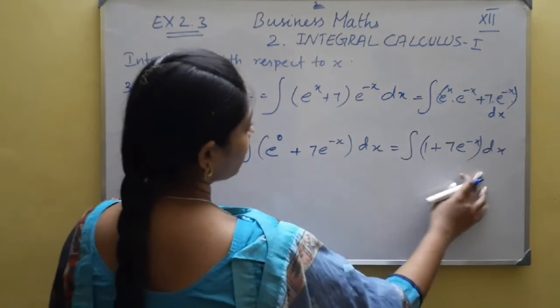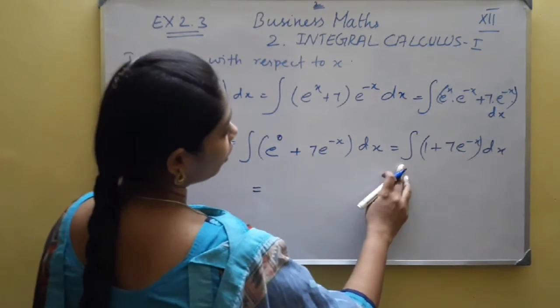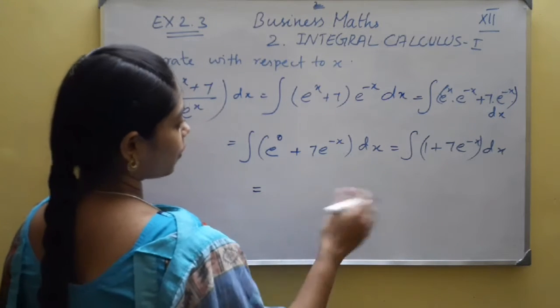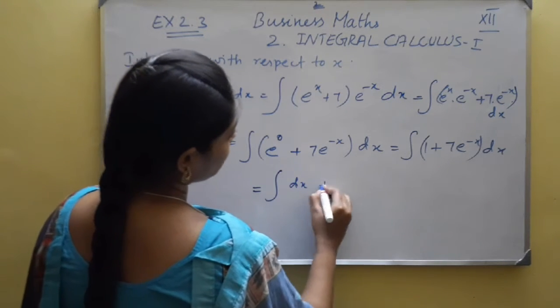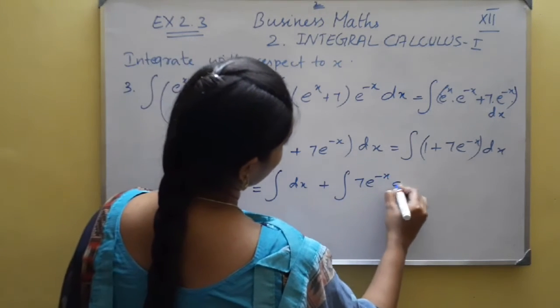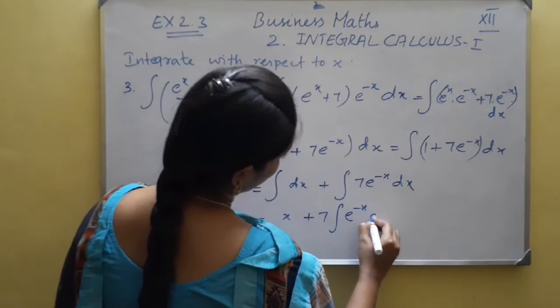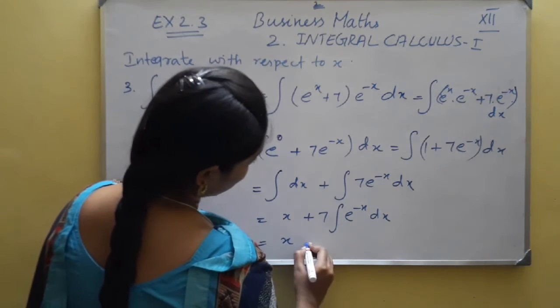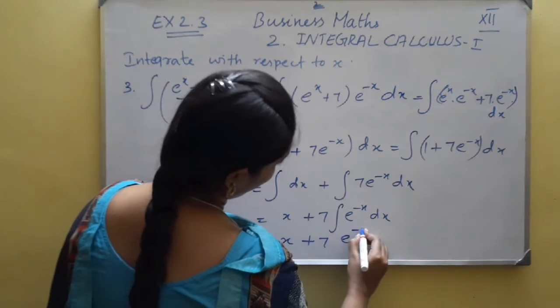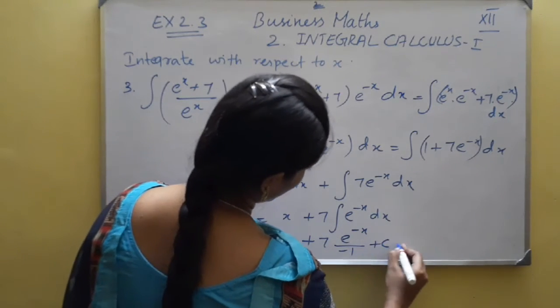Always maintain this bracket. Now I'm going to take my integration sign and dx for each term. So this is integral dx plus integral 7 into e power minus x into dx. This is x plus 7 into integral e power minus x into dx. This is x plus 7 e power minus x divided by minus 1 plus c.